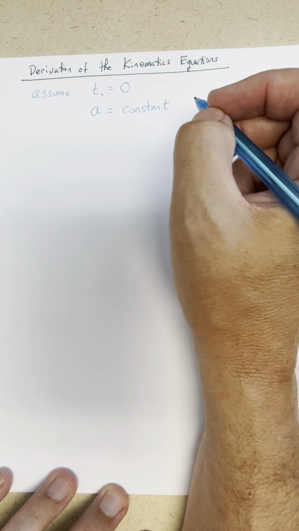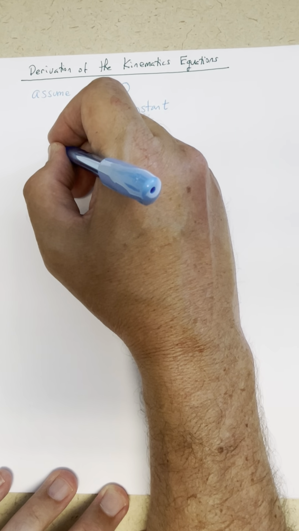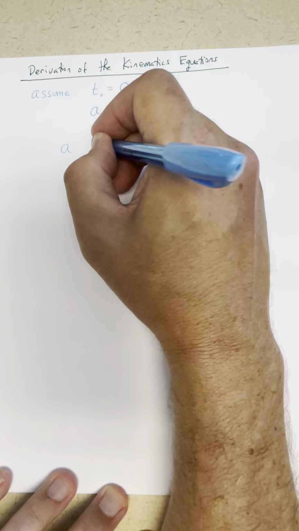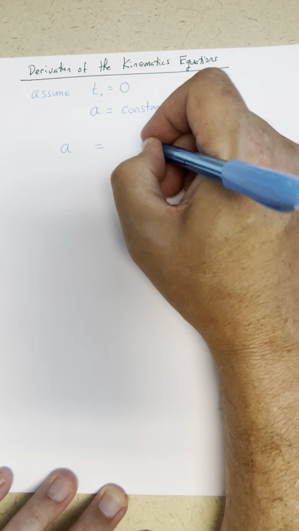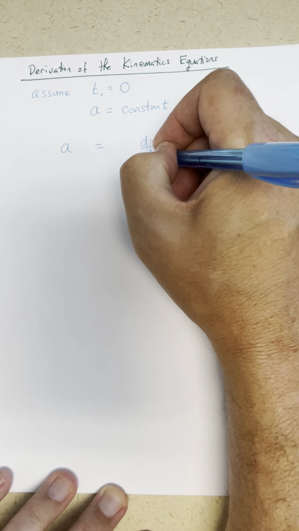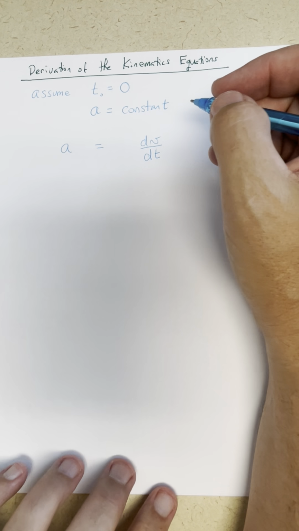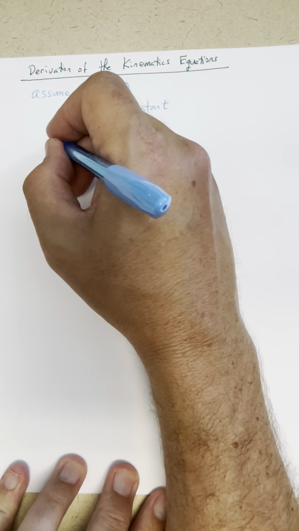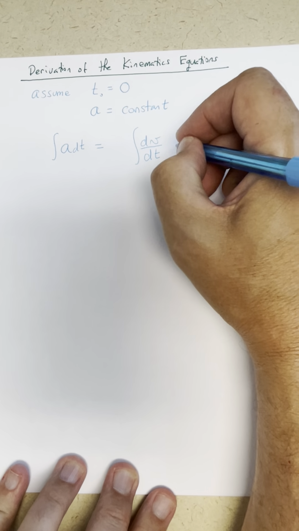So we're going to get our first kinematics equation by starting with the acceleration is equal to the rate of change of the velocity, and I am going to integrate both sides of the equation with respect to time.